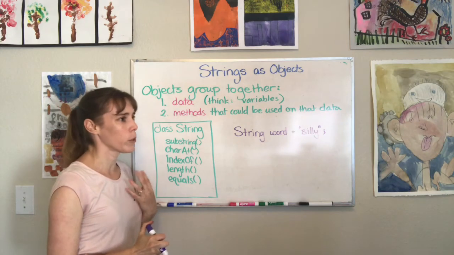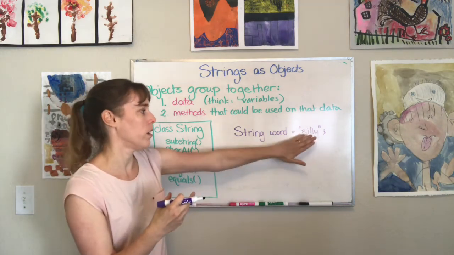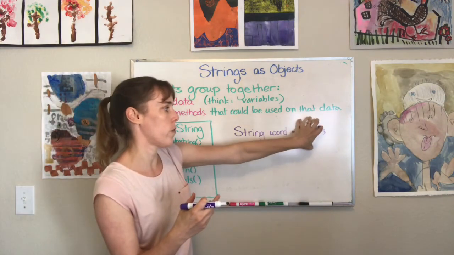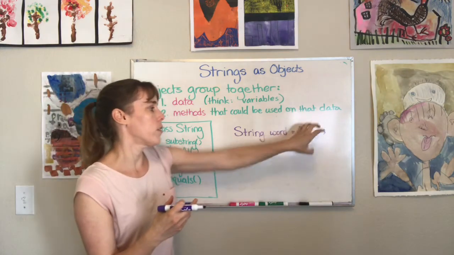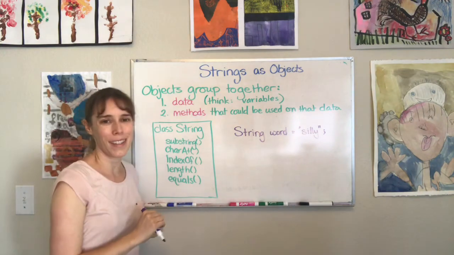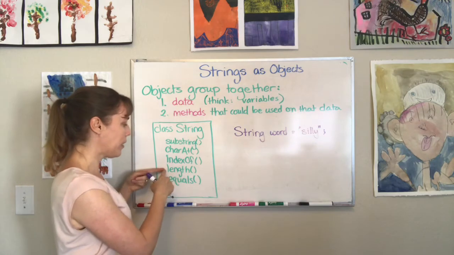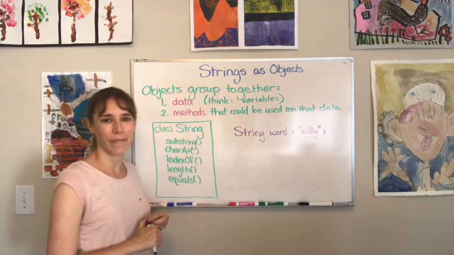It's going to group the data, like the strings that you store. So let's say I create a string named word and I store the value silly inside of word. It's going to group that data with a whole bunch of different methods that work on that data. So I could ask for the length of my string and it would say 1, 2, 3, 4, 5, it's 5 long.